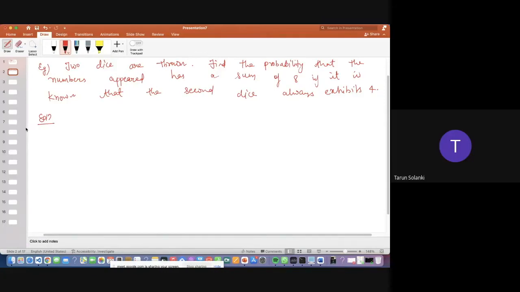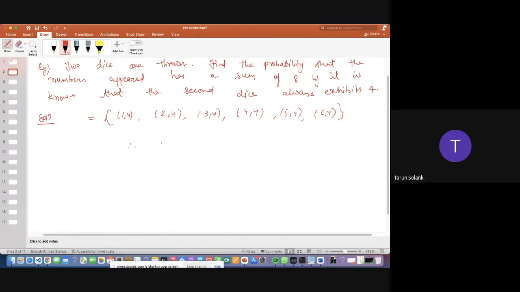Let A be the event of occurrence of 4 always on the second die. That means we will get 1 comma 4, 2 comma 4, 3 comma 4, 4 comma 4, 5 comma 4 and 6 comma 4. Correct?